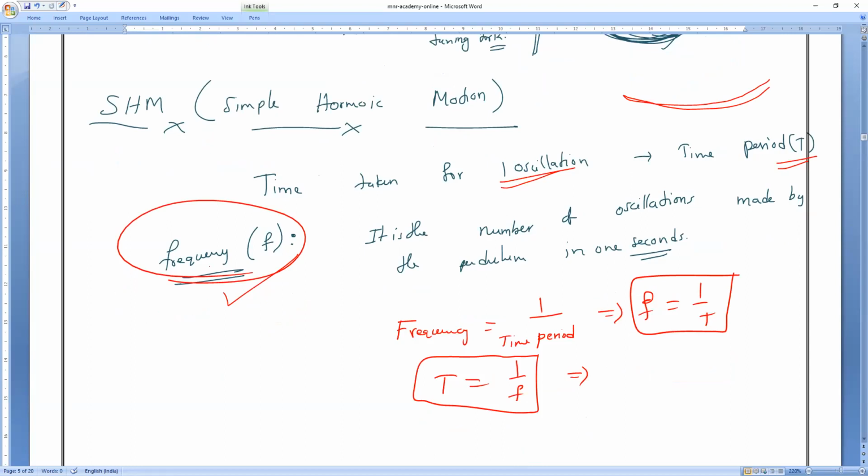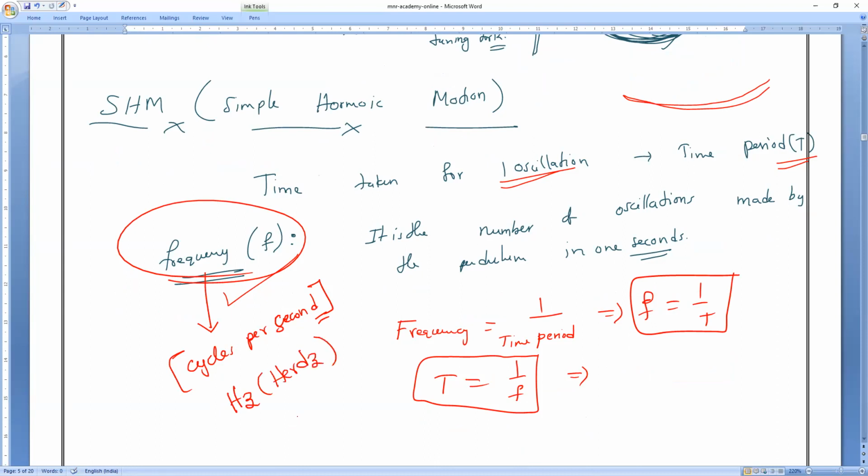So frequency, simply, is the cycles, that is, oscillations per second. In honor of the scientist Heinrich Hertz, we write the unit of frequency as Hertz.